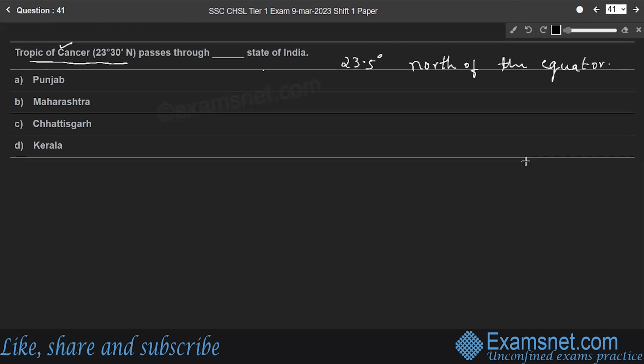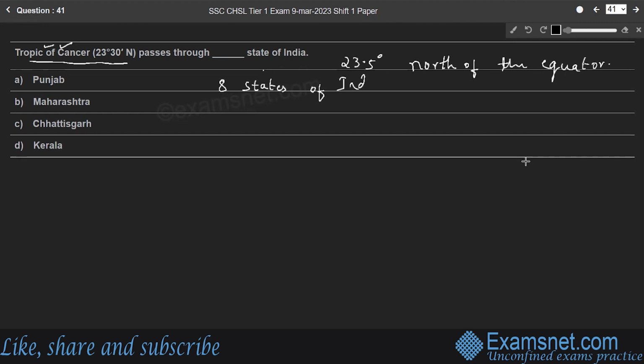It is one of the 5 major circles of latitude that mark maps of the Earth. So here, according to the question, Tropic of Cancer passes through 8 states of India.